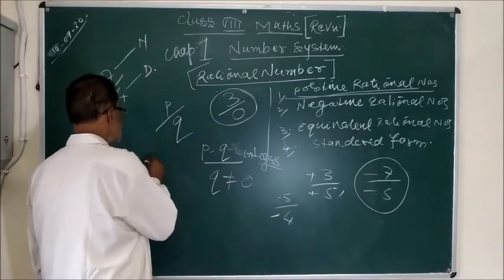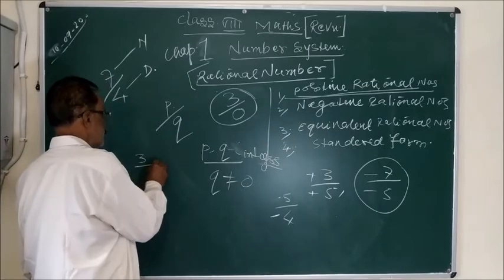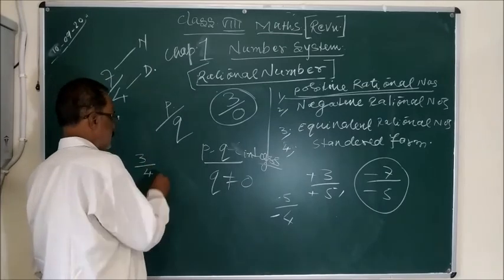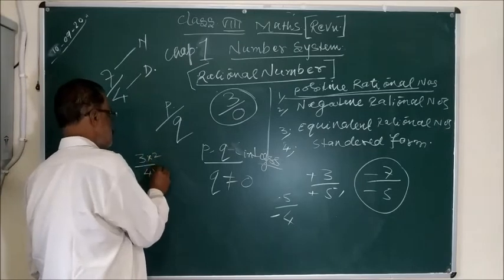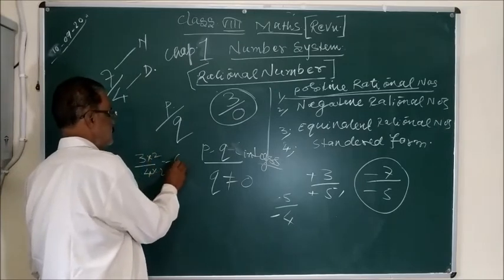Equivalent fraction, suppose there is 3 by 4, a fraction. If you multiply by 2, you will get 6 by 8.